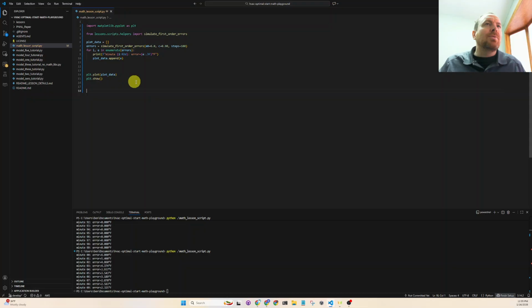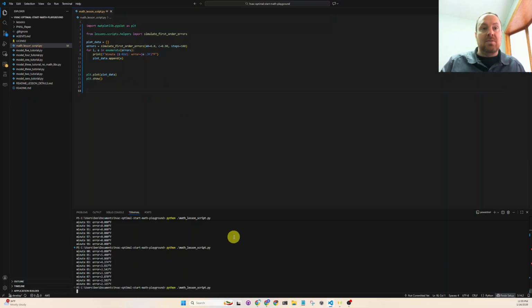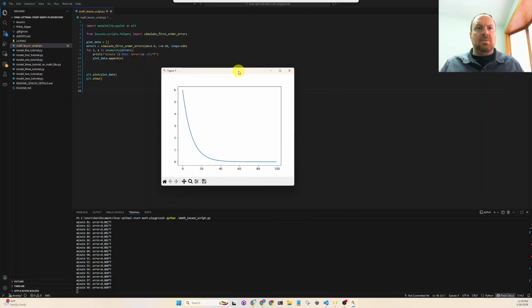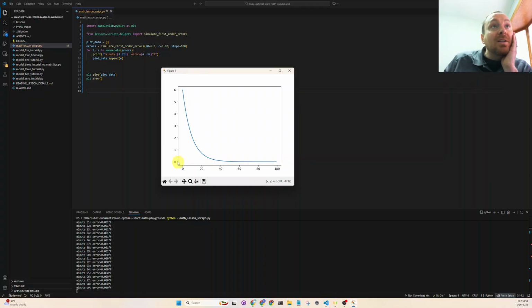So let's just run this again. So I guess this is our units of temperature on this side, and this is steps. So 100 steps. It looked like it got to the set point maybe around 50 steps.